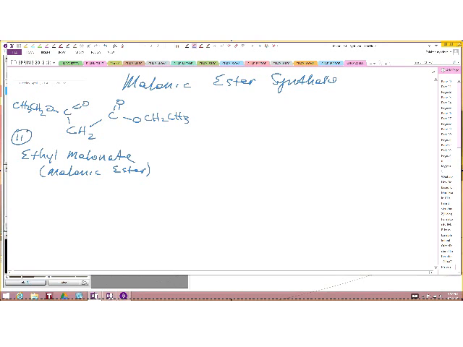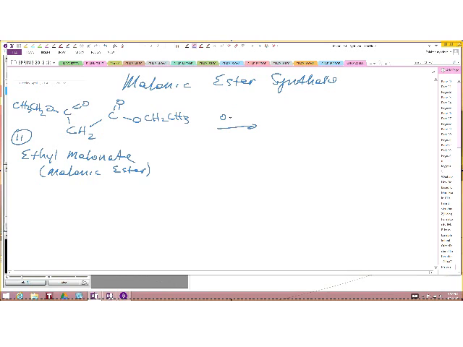Now, in organic chemistry, any pKa value that is less than 25, we say that hydrogen is acidic. So you can see here, because of resonance stabilization, these two hydrogens here are very, very acidic as organic acids.